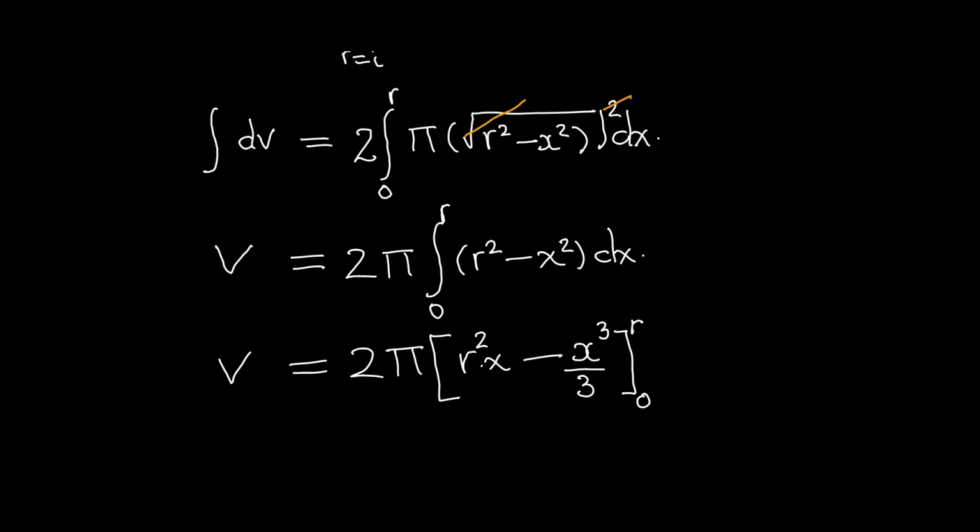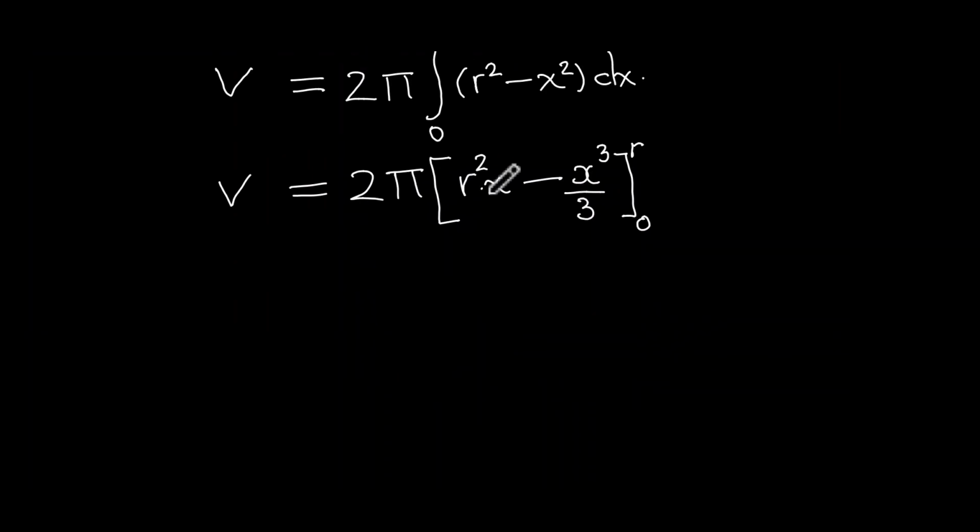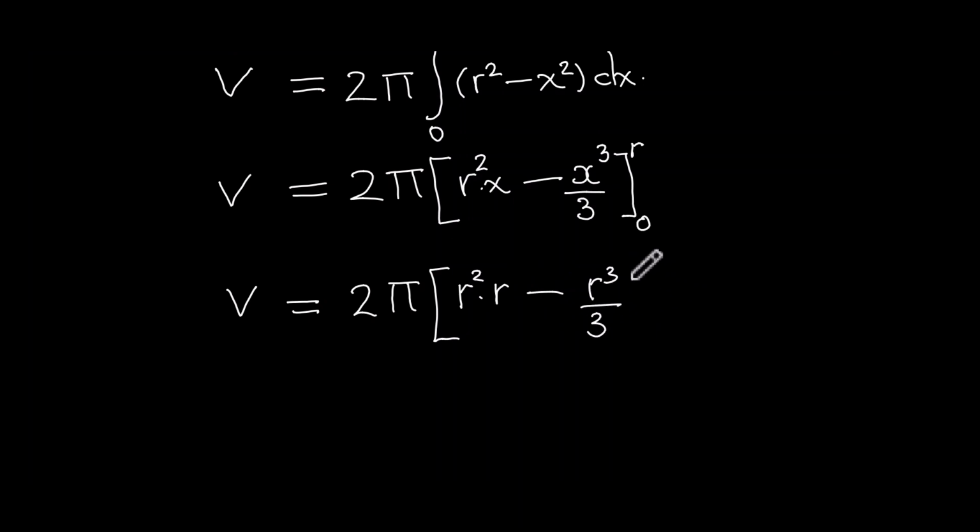Therefore, we'll go ahead and substitute x with r, and we can rewrite 2 pi times r squared times the value for r minus r cubed all over 3, and we also substitute 0 for x, subtracting it away.